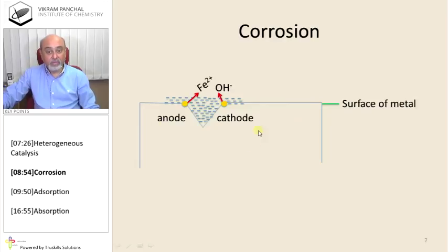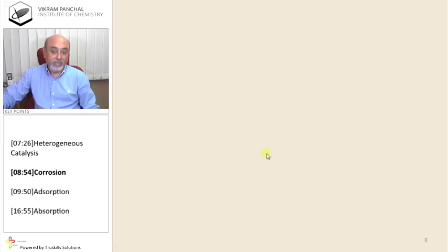On the rough surface of Fe, when waterlogging takes place, one end of this valley becomes the anode and another becomes the cathode, and there oxidation of Fe takes place, reduction of air or water takes place, and finally corrosion takes place. So corrosion is also a surface phenomenon, and this will occur on the surface.